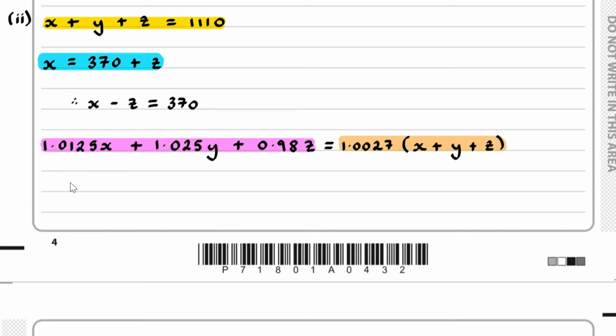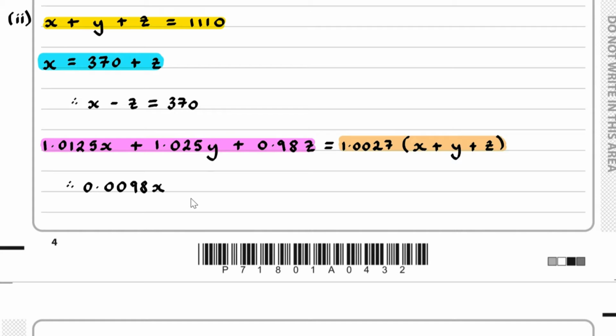And so if we rearrange, we have, in terms of the x's, 1.0125 subtract 1.0027. So that is 0.0098x. Then in terms of the y's, we've got 1.025 subtract 1.0027.